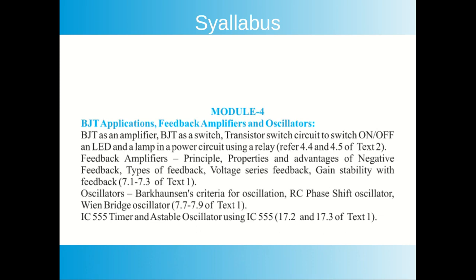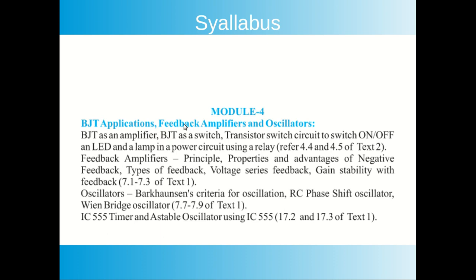What are the important applications of the transistor? They are amplification and use as a switch. BJT as an amplifier and BJT as a switch are the two basic applications of a transistor. Then one case study we have to see for BJT as a switch, that is a transistor switch circuit to switch on and off an LED, and to switch on and off a lamp in a power circuit using a relay.